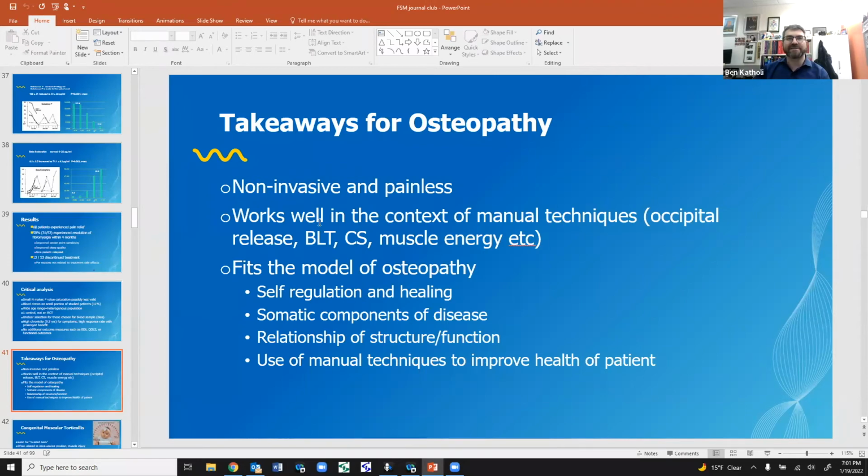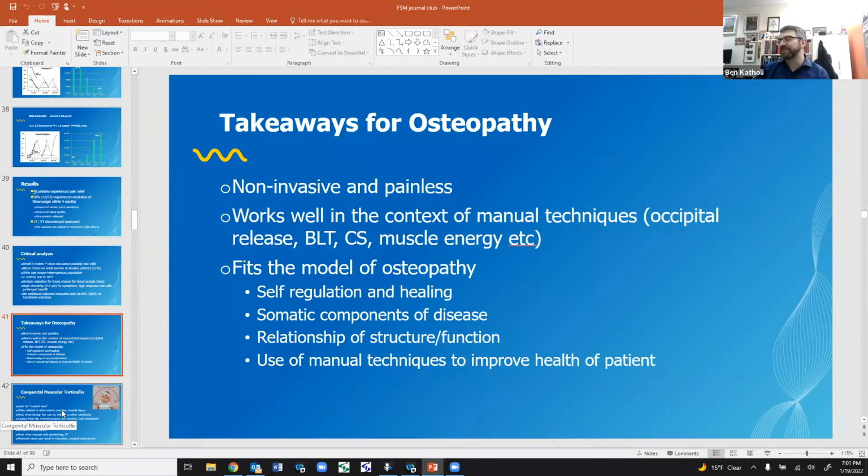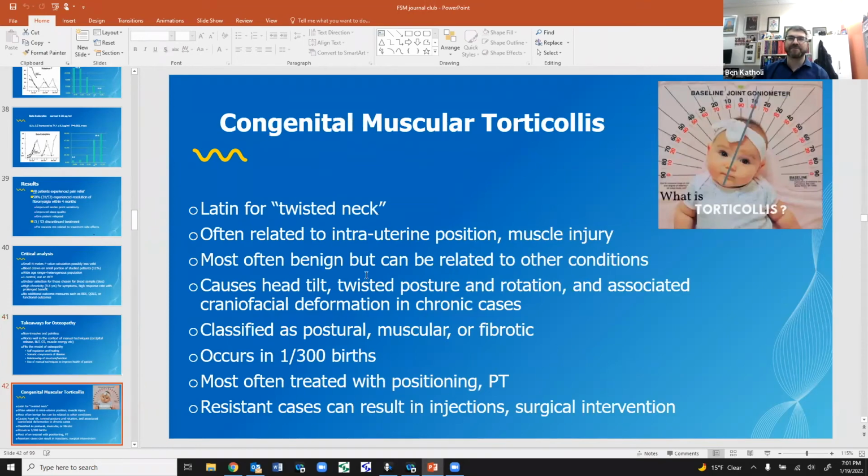So torticollis. We see juvenile fibromyalgia. Torticollis we see a lot of. So in my background, we saw a lot of torticollis, and the traditional treatment route is that people see their pediatrician, they identify a concern, and people are referred to PT.